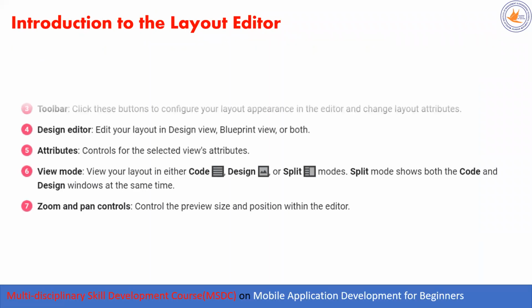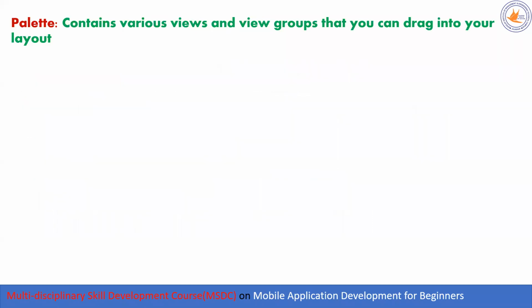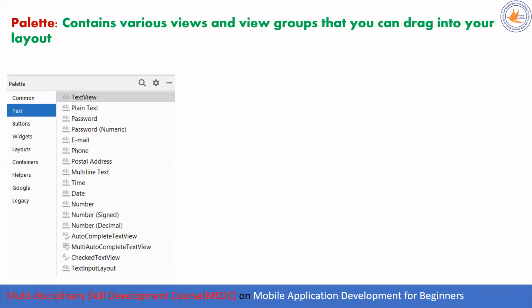When we talk about the layout editor, it consists of different components, like the palette, toolbar, design editor, views, zoom panels, etc. If you see the palette, you have different controls. As a web developer, you design a form, and that form consists of different input types.